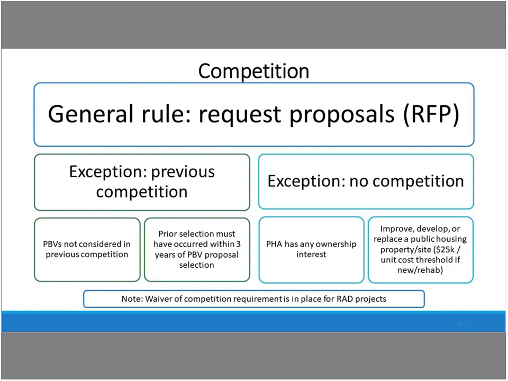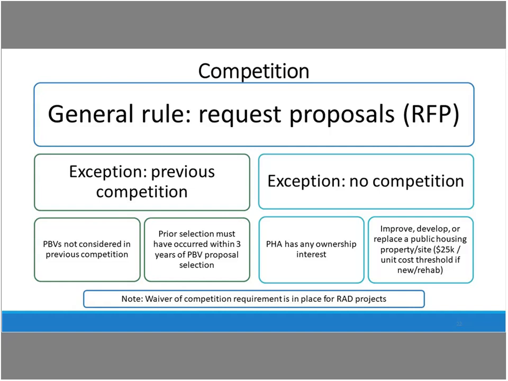And the project itself will improve, develop, or replace public housing on a property or site, and the cost threshold for this rehabbed property, or I guess newly constructed property, but I can't think of a market where new construction would need to meet this criteria.